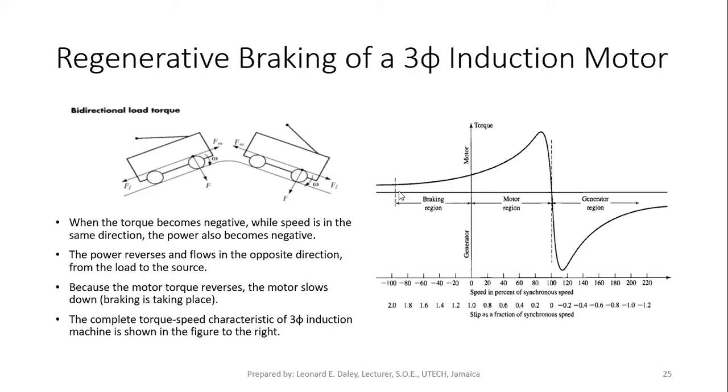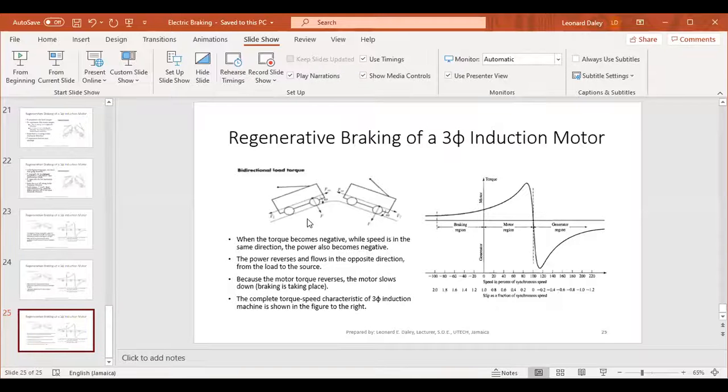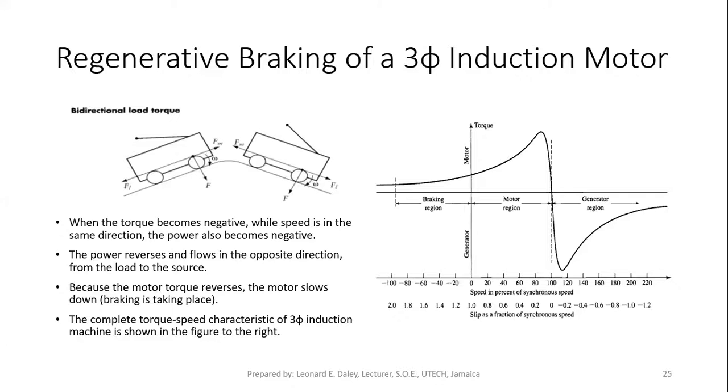All right. So you will find this in different books, the torque-speed characteristics of the induction motor. I had asked you also to look in the Sharkawi at 4-quadrant operation.